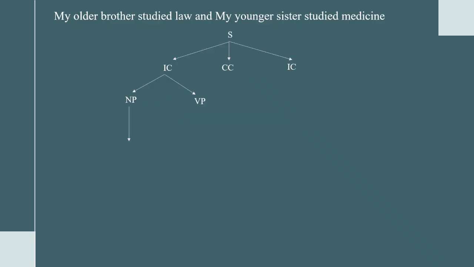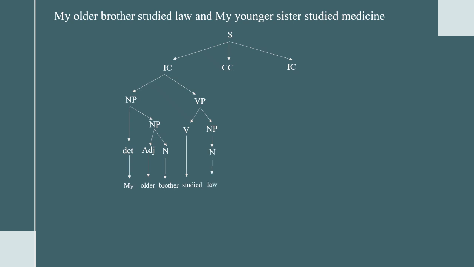Our noun phrase has the determiner my, and another branch for a noun phrase, the adjective older and the noun brother. On our verb phrase, we have the verb studied and another noun phrase for the noun law.